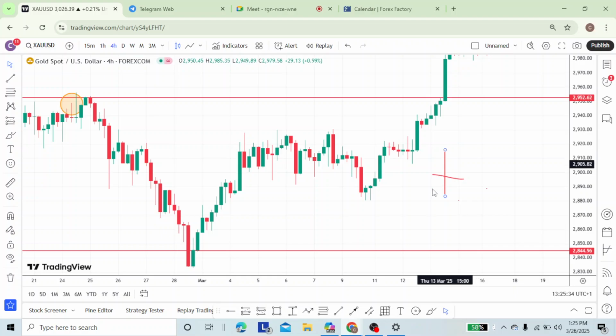A doji is an indecision candle: both the buyers and sellers cannot win that particular candle, so a doji is like a plus sign in the middle. Neither the buyers nor the sellers are able to take control of that candle.